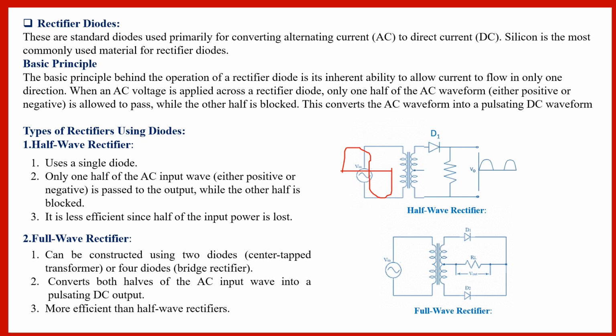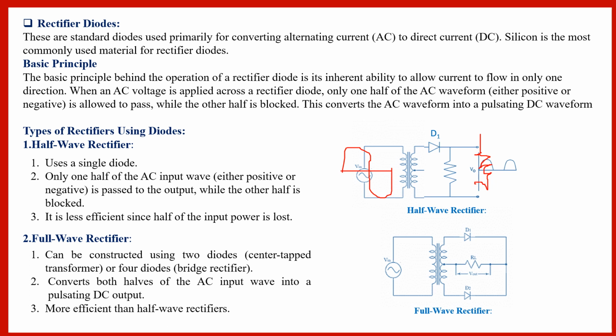So a load resistance is connected here, and the output is received across this load resistance. So this is basically a complete circuit, and the AC supply is given through a transformer.